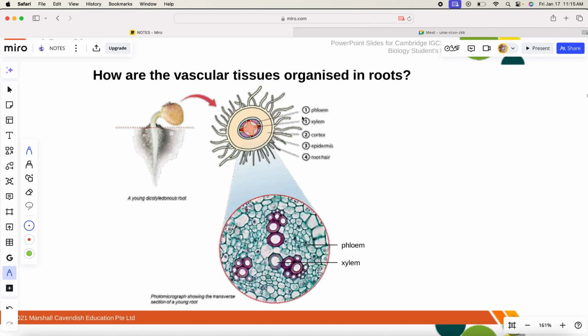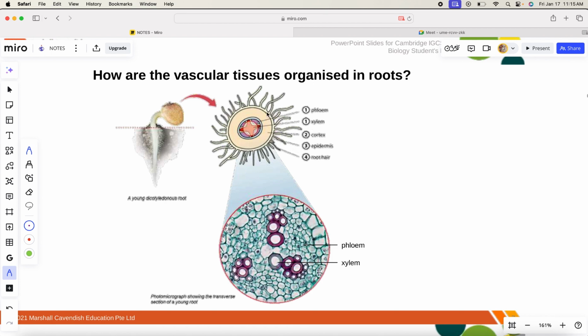Now let's take a look at the root one by one. The phloem is this purple one surrounding the star. It could be purple, it could be greenish. The xylem is this star, a big tube where water flows.